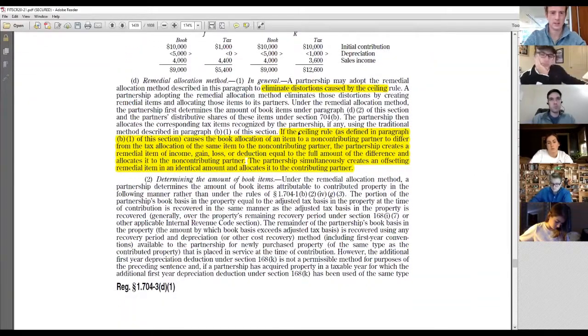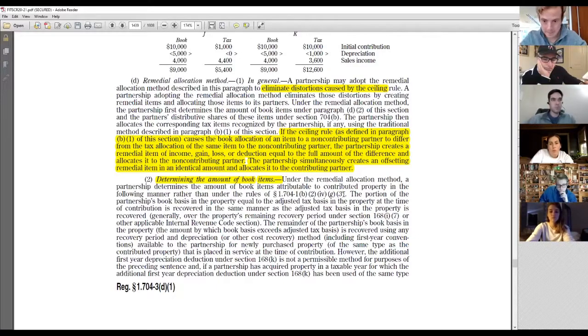All right, so go to remedial. Here's the curveball with remedial, and it's the Regulation 1.704-3(d)(2) rule. What it says is you change the amount of book items attributable to contributed property in the following manner rather than the general rules.